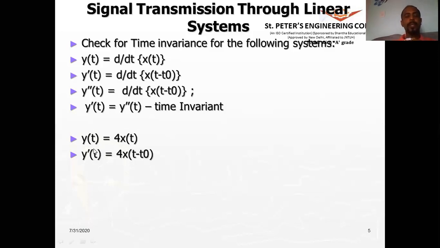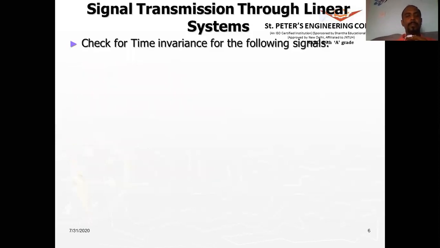In the y of t equation, I replace each t with t minus t naught. So y double dash of t is equal to y of t minus t naught, which is equal to 4 into x of t minus t naught, which is the same as y dash of t. So therefore, the system is time invariant. It does not vary with time.